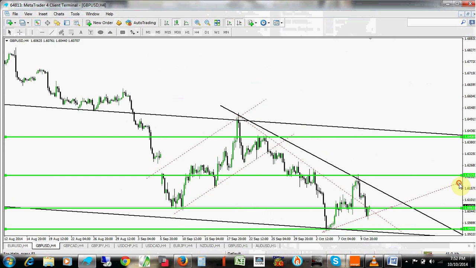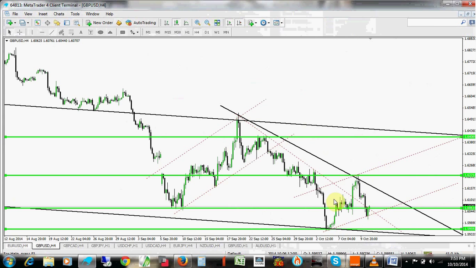Okay, put that there and that over there. Perfect. So if it breaks, it creates that channel. If it doesn't break, it comes back down, and we are good to go.